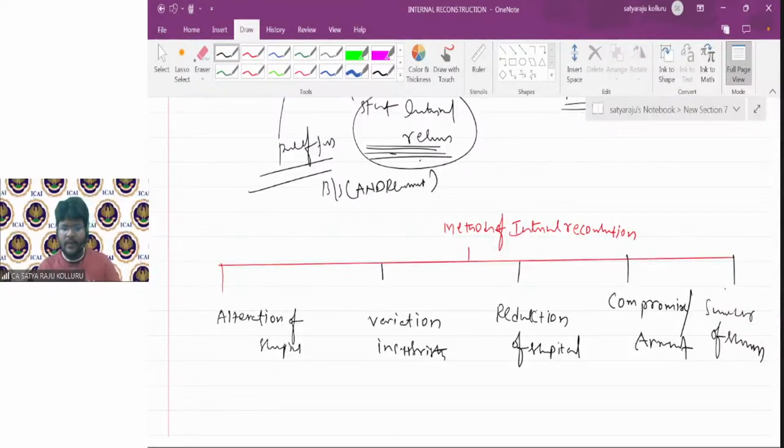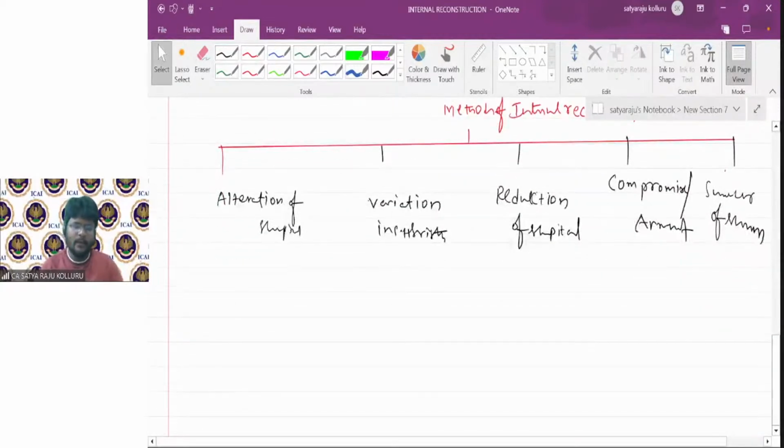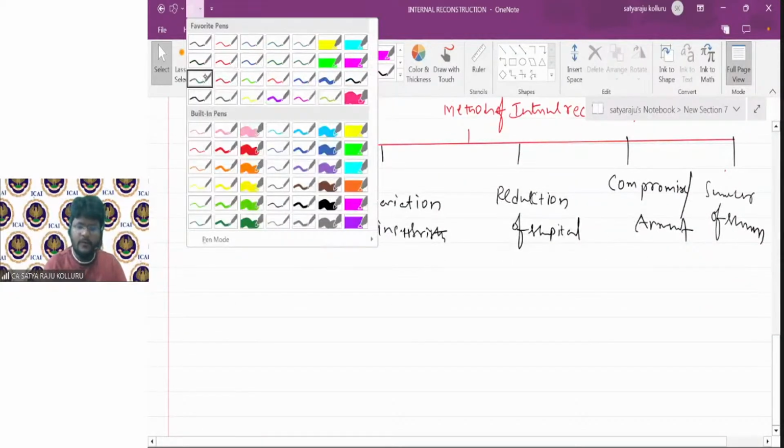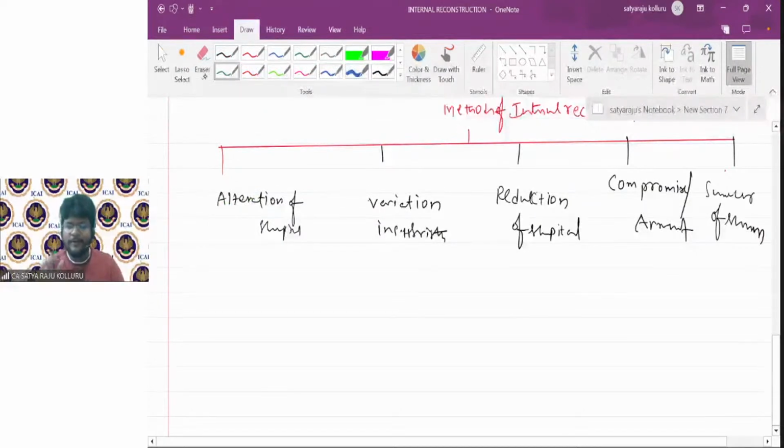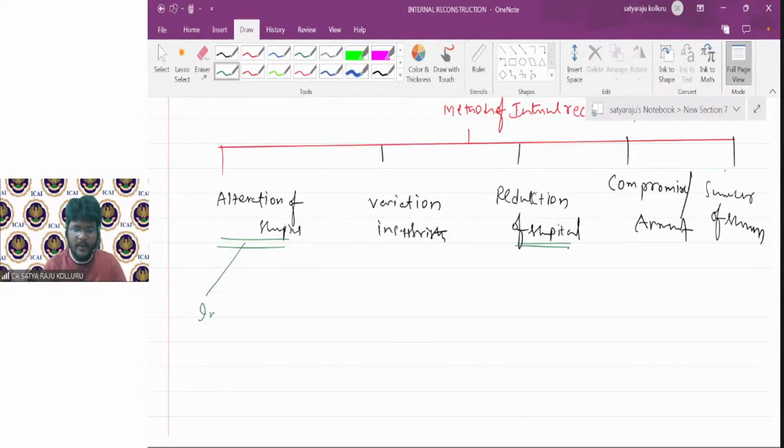What it means, sir? Let me check one by one. First, you need to differentiate alteration of share capital from reduction of share capital. Both are not the same. In alteration of share capital, what happens, sir? There may be an increase in authorized share capital.